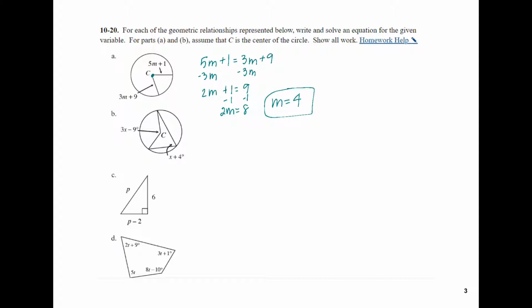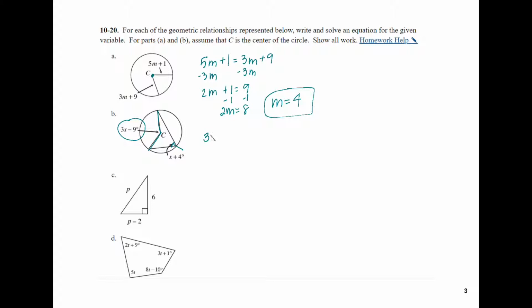When I look at letter C, I know that this angle is 3x minus 9. I know that this angle is x plus 4. So this angle should be half of what your central angle is.